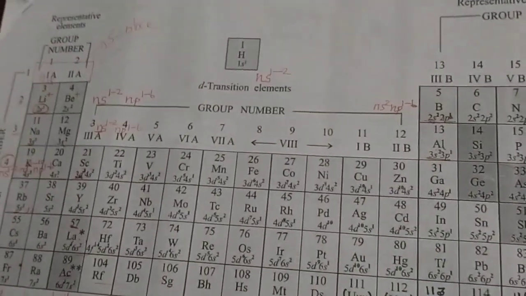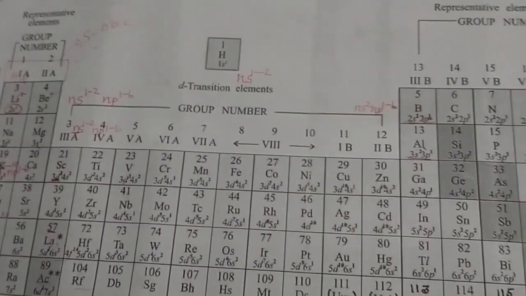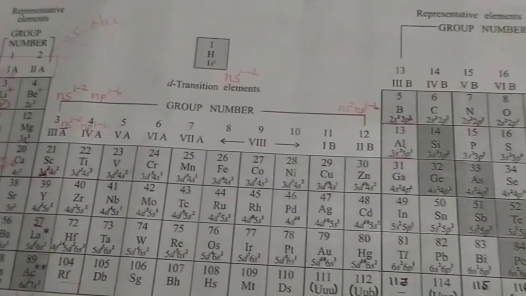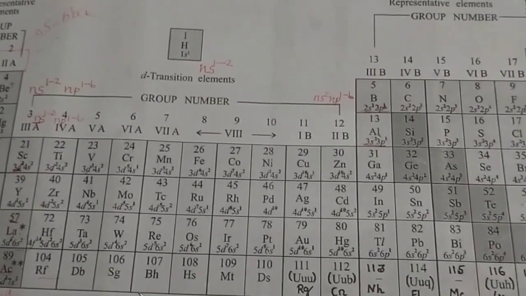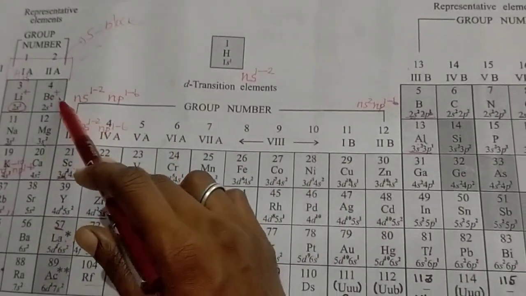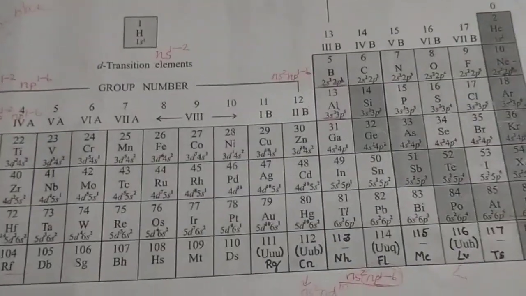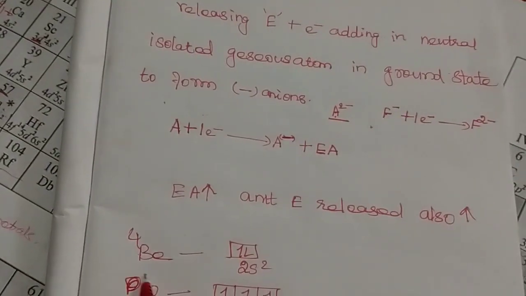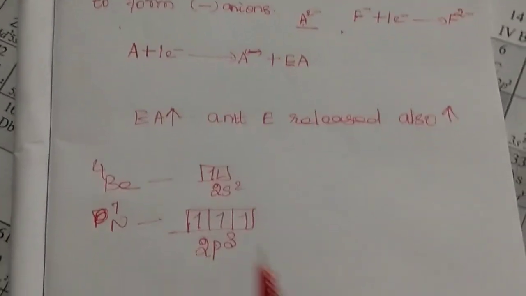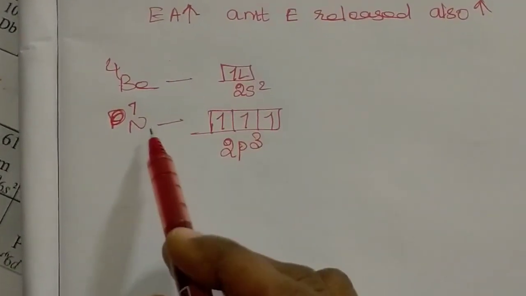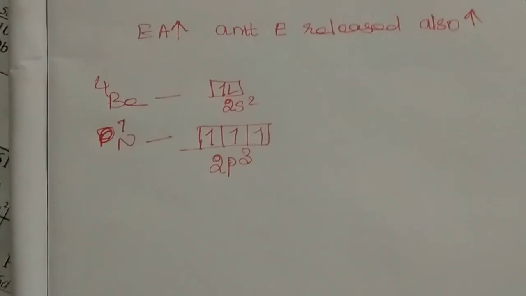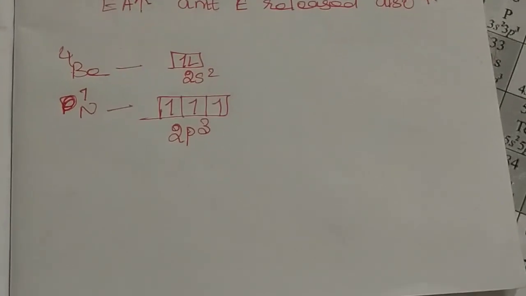Like the ionization energy, we took here beryllium and nitrogen as the exception cases. Beryllium is 4 and nitrogen 7. They are the exception cases in electron affinity.